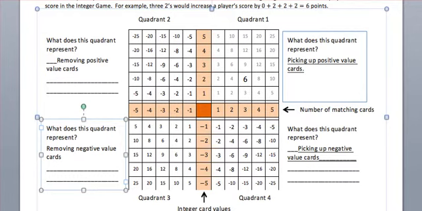So I'll continue to show our table as I ask the questions that follow in your lesson. The products in quadrant 2 are all negative values. If you look at the absolute values of the products, quadrant 1 and 2 are a reflection of each other with respect to the center column. For example, in quadrant 1 we have +1, in quadrant 2 we have -1.